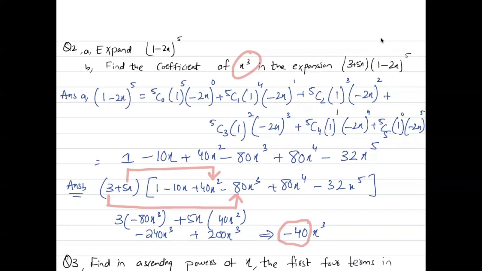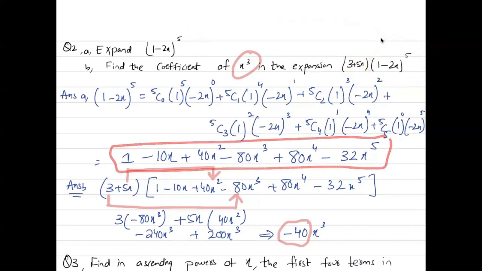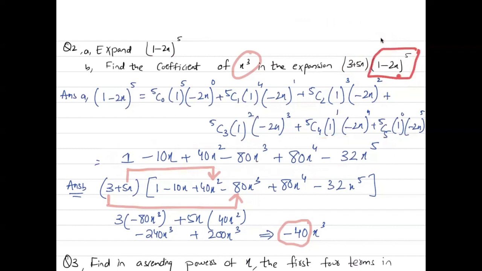Okay. So for part B, I had to find the coefficient of x cube in the expansion of 3 plus 5x being multiplied by 1 minus 2x to the power 5. 1 minus 2x to the power 5 is this, right? The bracket that I have already expanded in the first part, whose results are these. So now I want to multiply this bracket with 3 plus 5x to get the term in x cube.